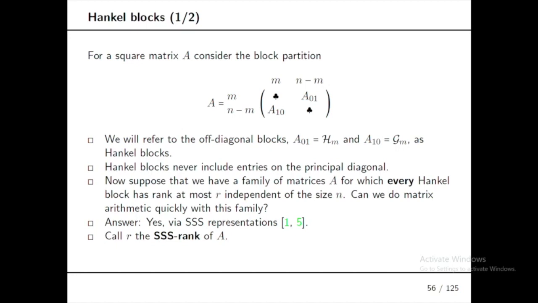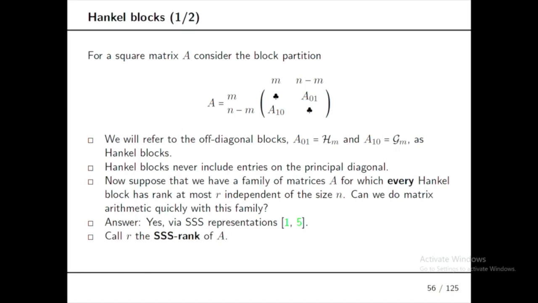Now, what the sequentially semi-separable representation tries to exploit, and this is just one way of thinking about the problem, not necessarily the best way, is that A01 and A10 might have low rank. And not just this one Hankel block, but all the Hankel blocks for all M from 1 through n-1 might have low rank. It tries to simultaneously exploit the low rank of all of these blocks.